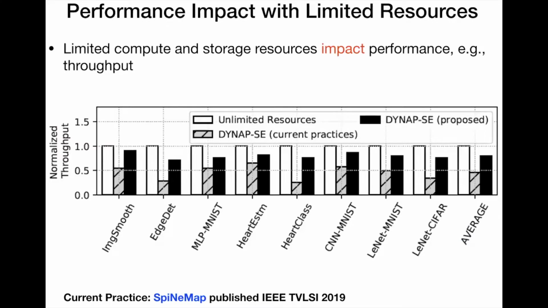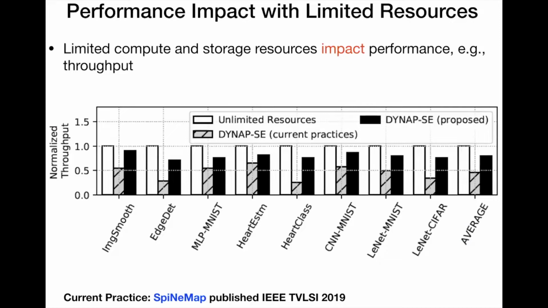So we evaluate one particular performance metric, which is the throughput. We evaluate the throughput obtained on Dynapse with limited resources using one of the current practices, which is the SpiNeMap technique published in IEEE TVLSI 2019, against the throughput obtained with unlimited resources. That means unlimited number of crossbars in the hardware.